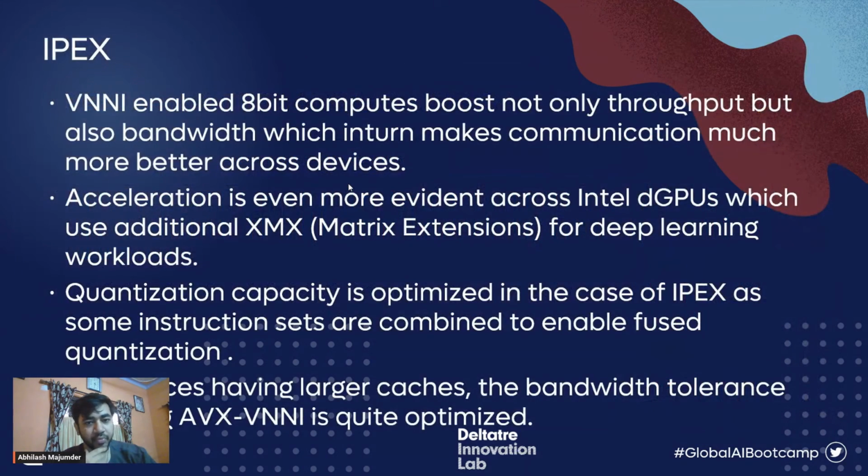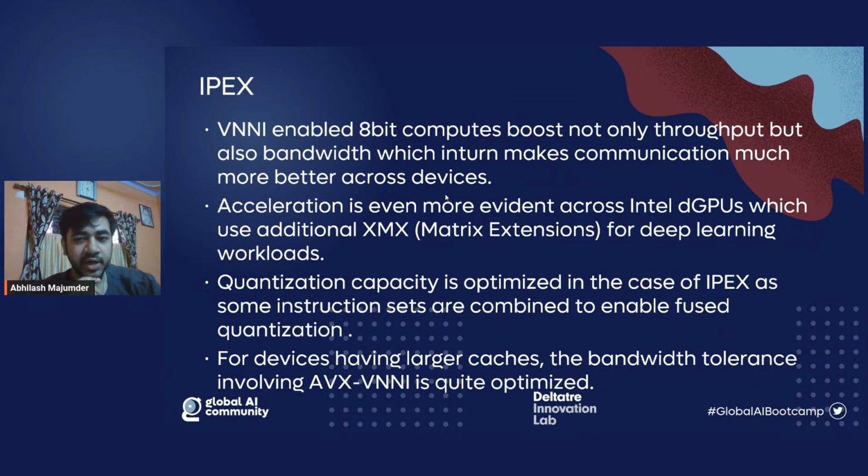And these are certain ending notes which are highly technical. So I have talked about the Intel CPUs. Now, if you have access to Intel XPUs, GPUs, in that case, the optimizations are even better because Intel discrete graphics cards are using certain things called matrix extensions, which we are working on.